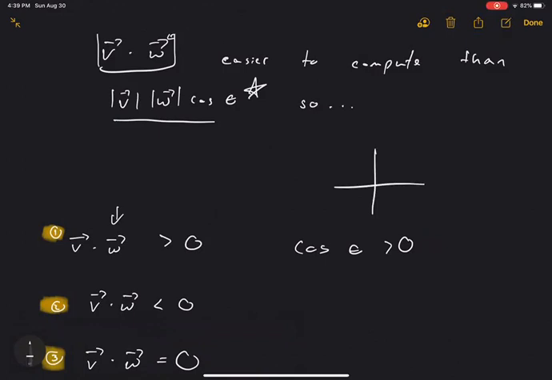That means my angle is somewhere in here, right? And really, we should always kind of consider it as a positive number. So my angle is somewhere in here. Okay, that means my angle between my two vectors is between 0 and 90 degrees. It's between 0 and pi over 2.